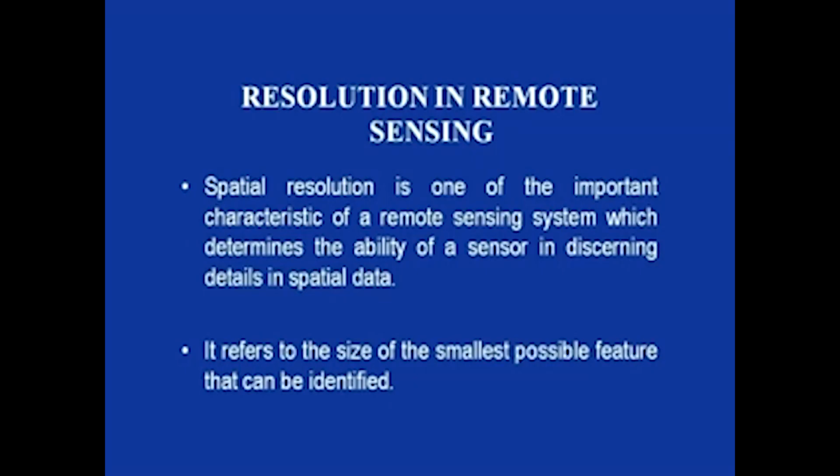Spatial resolution is one of the important characteristics of a remote sensing system, which determines the ability of a sensor in discerning details in spatial data. It refers to the smallest possible feature that can be identified.